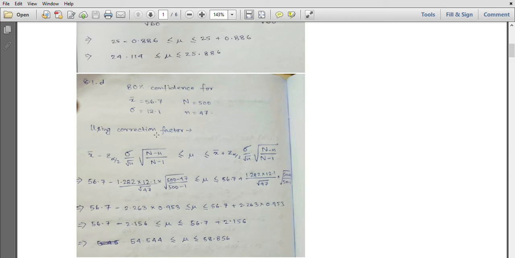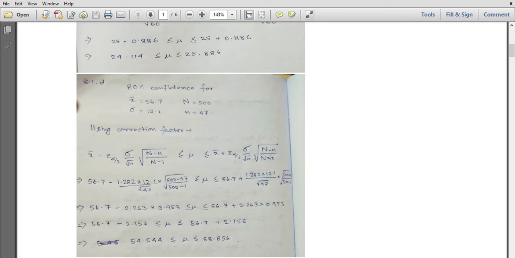So using the correction factor, the lower limit of mu is x bar minus z into sigma by root over n into root over capital N minus small n divided by capital N minus 1. And the upper limit will be the same thing, only in place of minus in the first element we have to use plus. So x bar plus, and the second element is exactly the same.